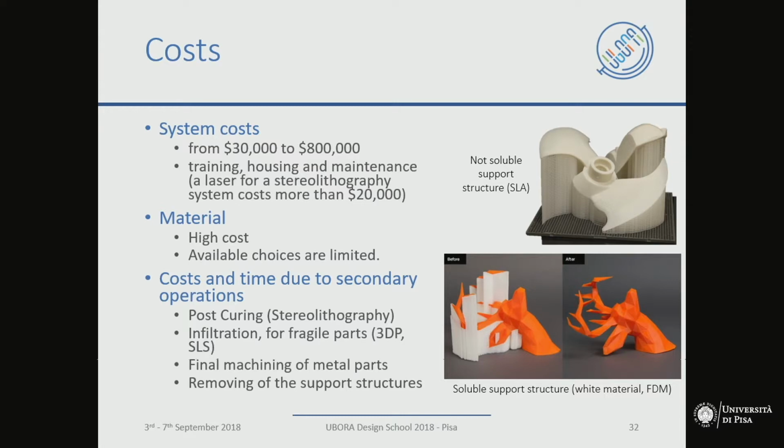The process is slow, so you cannot produce thousands of parts per day, but you can produce at maximum thousands of parts per month. And usually you need very skilled operators.